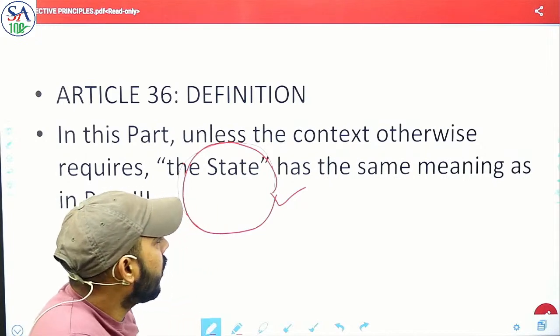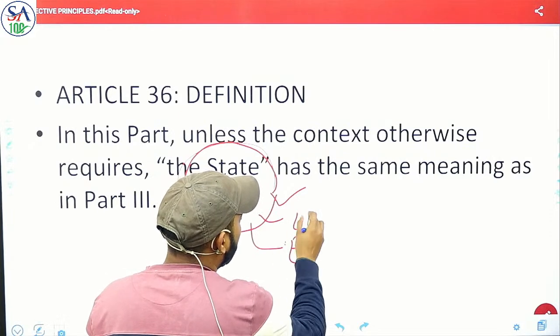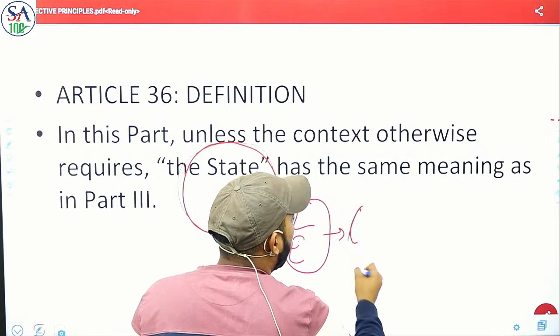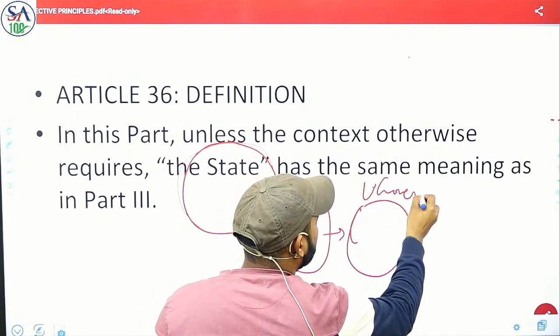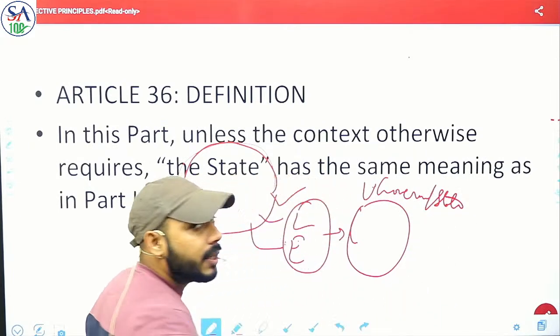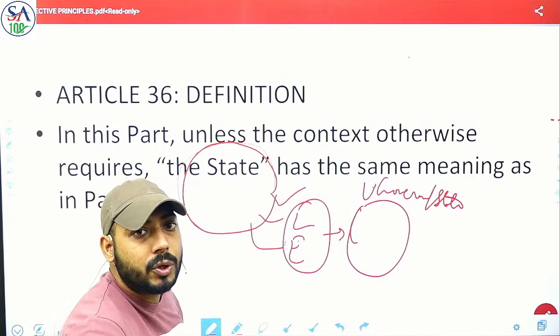For example, legislative, executive, different organizations under the government or state, all come under the category of state. So we are not giving much time to this article.